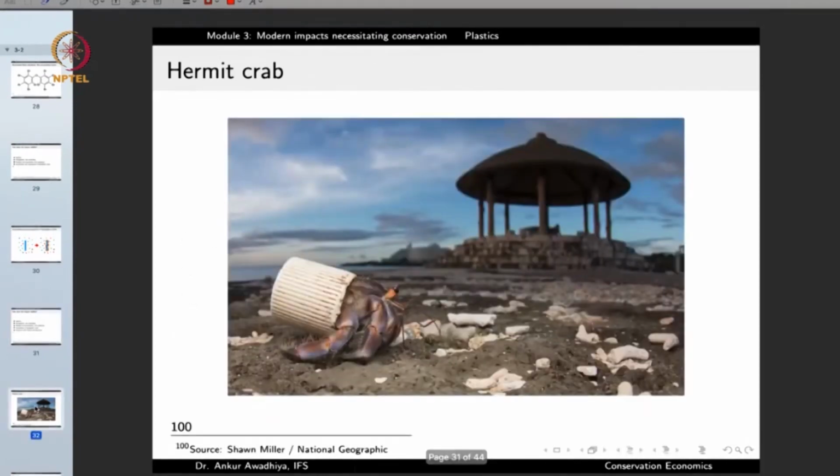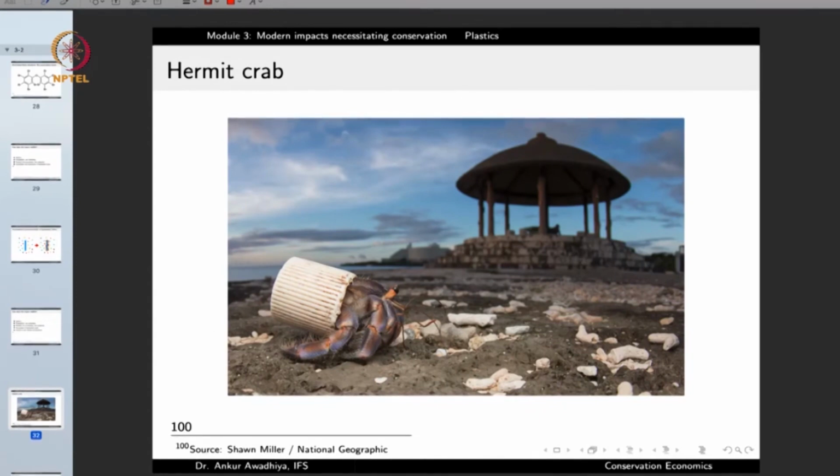So, for instance, this is a crab that lives on the beaches, and we have seen before that as much as 15% of the plastics get washed to the beaches. So now the habitat of this hermit crab has plastics. Earlier, these hermit crabs did not ever observe a plastic, but now their habitats have these plastic pieces.